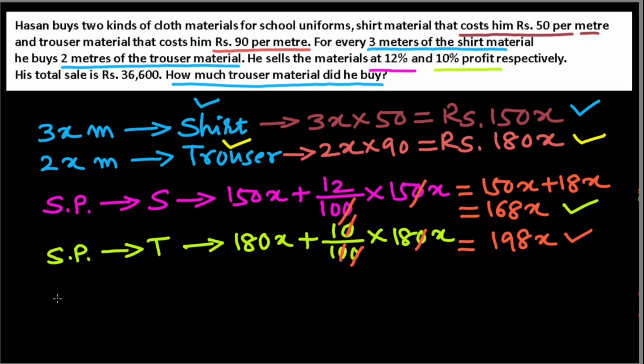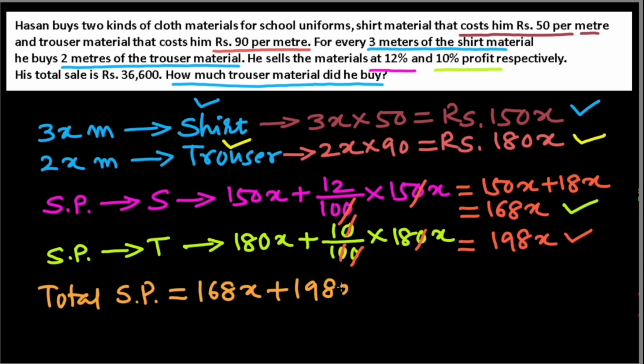Total selling price of shirt material and trouser material will be total selling price equals 168x plus 198x, which equals the total sale, which is 36,600.